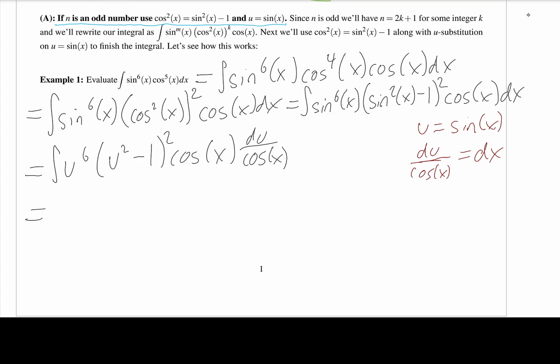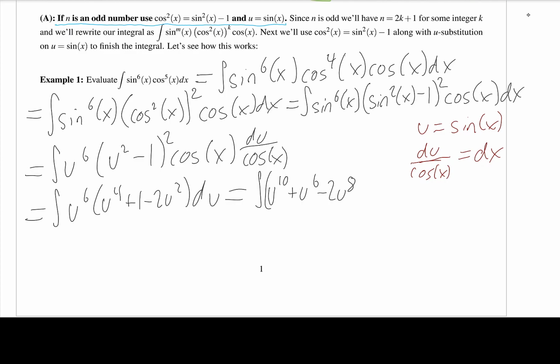So this is going to give me the integral of u to the sixth times u squared minus 1 squared, that's going to be u to the fourth plus 1 minus 2u squared, du. Now I'll multiply out that u to the sixth, so we should have the integral of u to the 10th plus u to the sixth minus 2u to the 8th, du.